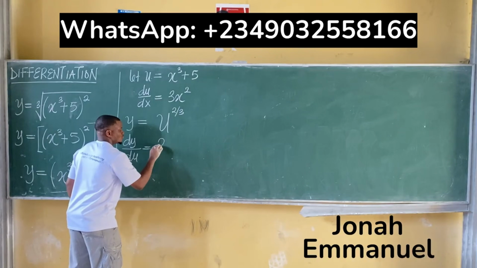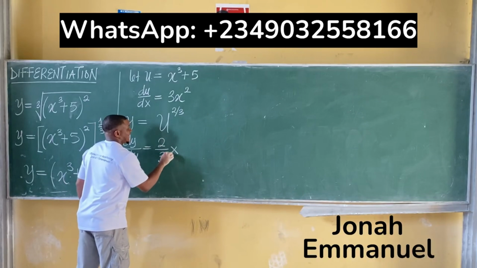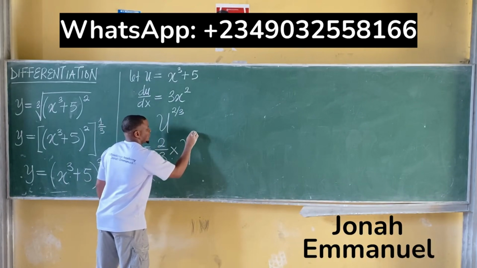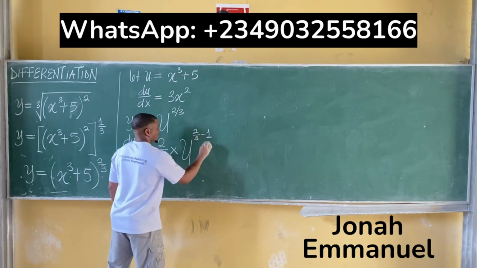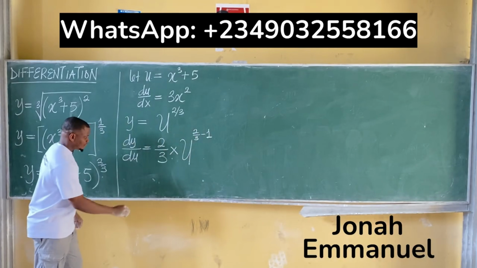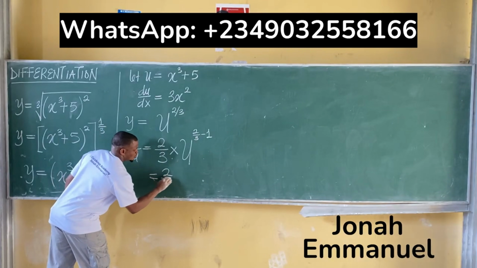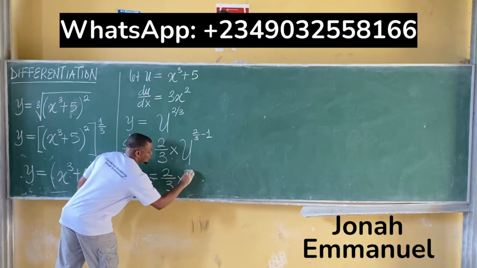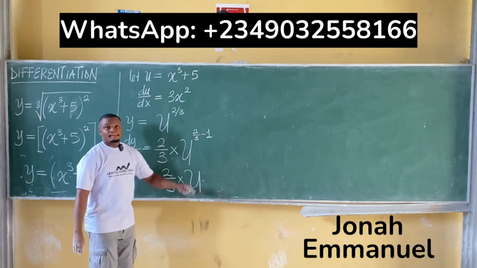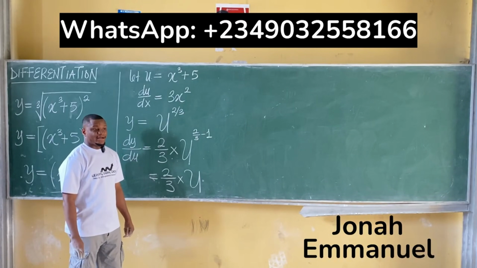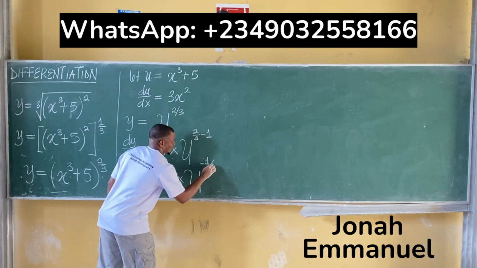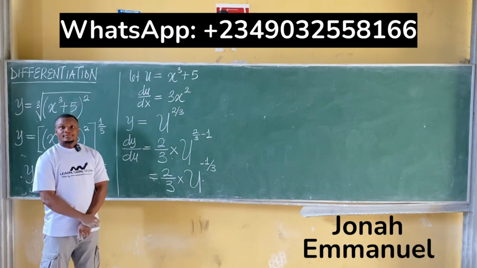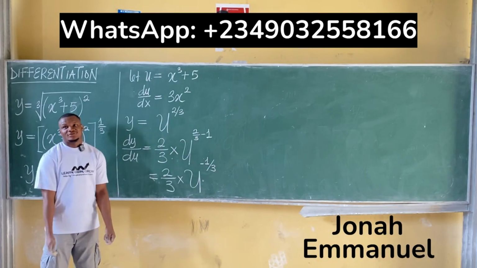The power here is 2 over 3, times u to the power 2 over 3 minus 1. So you have this equal to 2 over 3 times u to the power minus 1 over 3, please. It's just 2 over 3 minus 1.